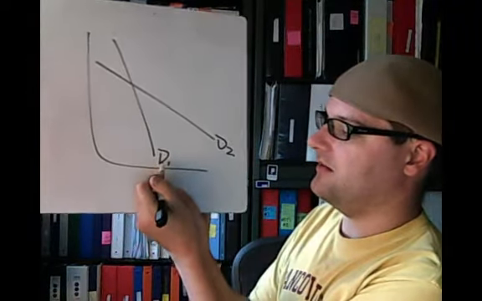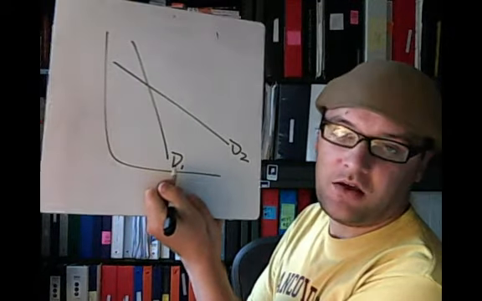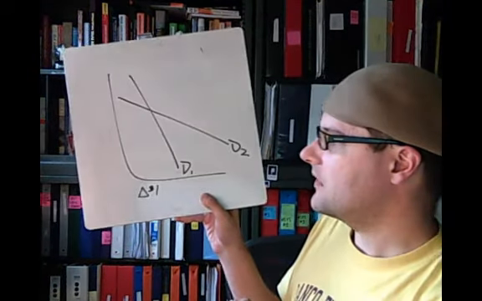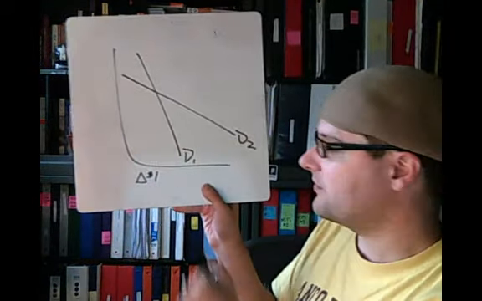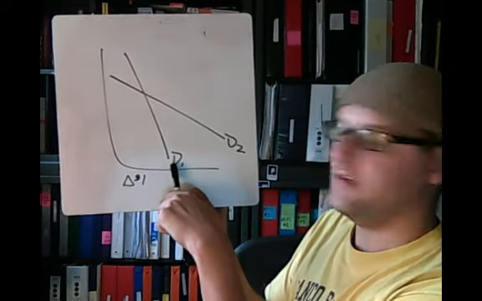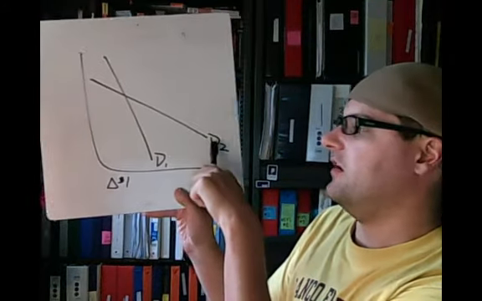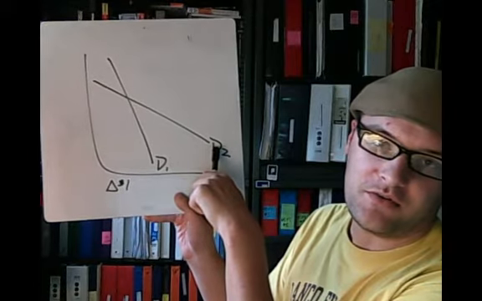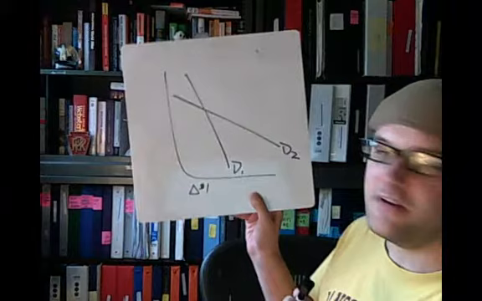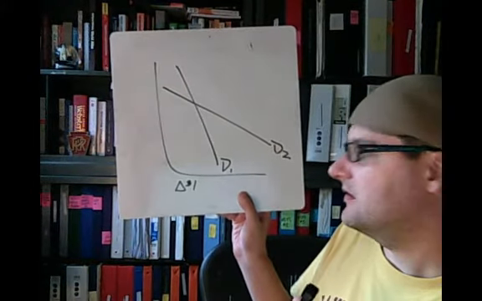The reason is that for the same change in the price, let's say a $1 change, you would imagine very small changes in the quantity demanded for D1, but very large changes in the quantity demanded for D2. D2 would be more elastic relative to D1.